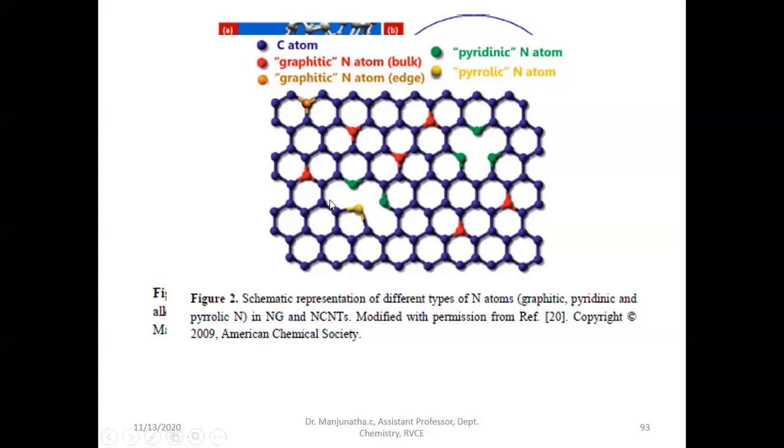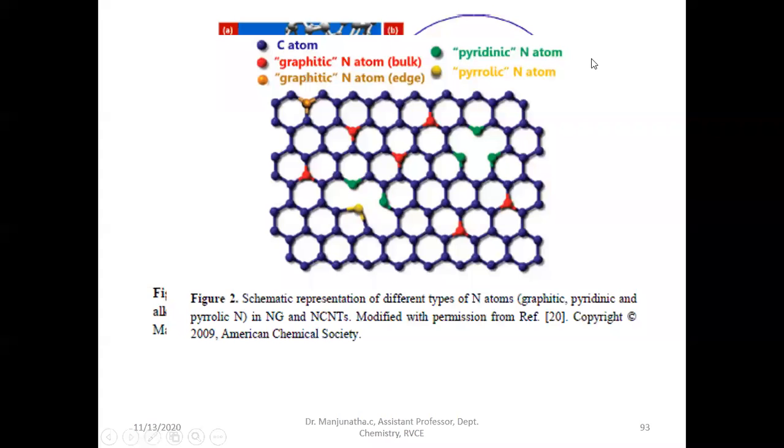And you can see here, a very big ring is formed like this. So the chemical environment is completely changed, and hence its chemical and physical properties are completely altered. So therefore this is the effect of doping.